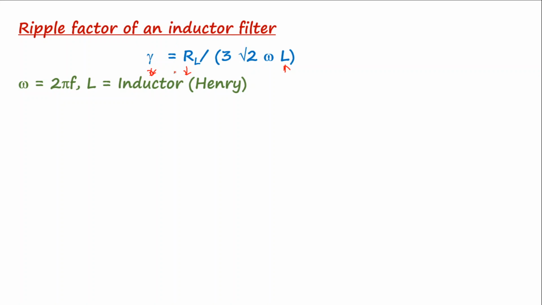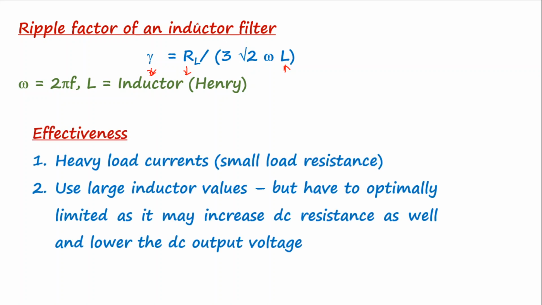In that way I can say that the filter is more effective when the load current is heavy, which means only when the load resistance is low. When the load resistance is low, the load current is high.